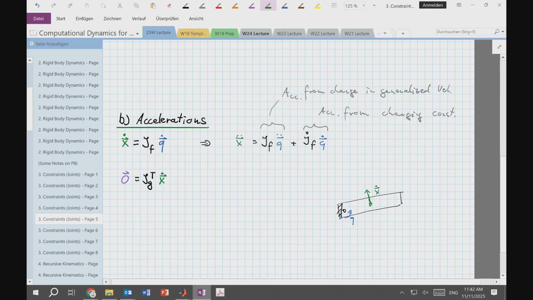Sorry, a velocity of that point this way. So this is to some time t0. And then I wait a bit. And as I wait, of course, my door will move. That point now is here.